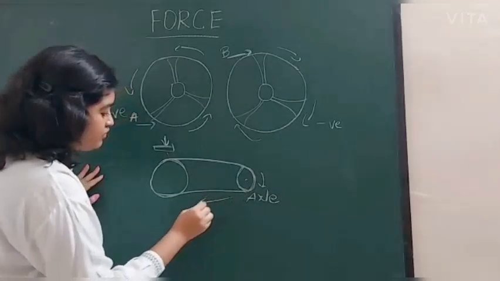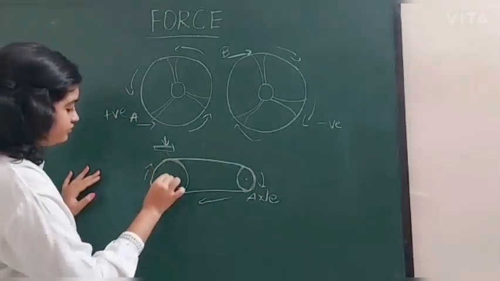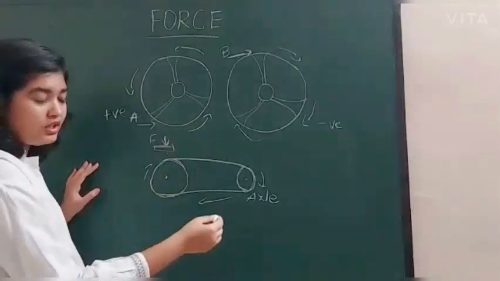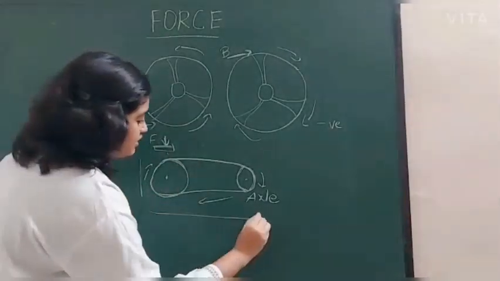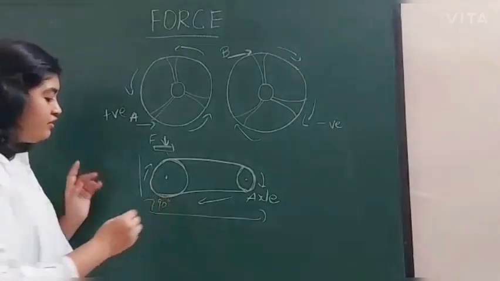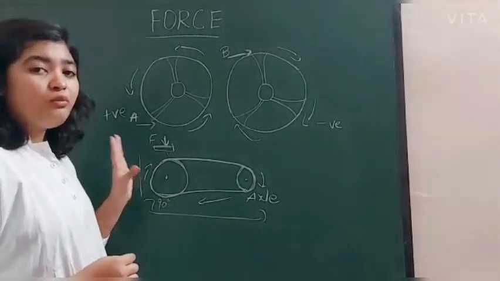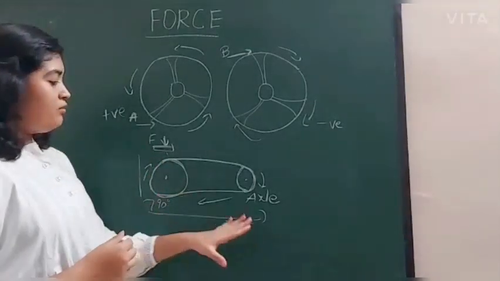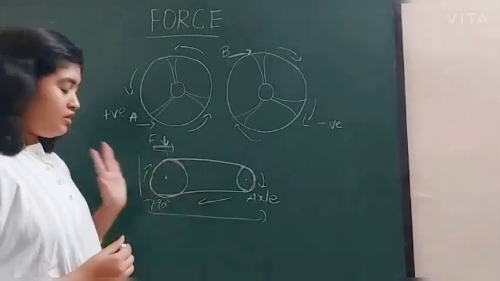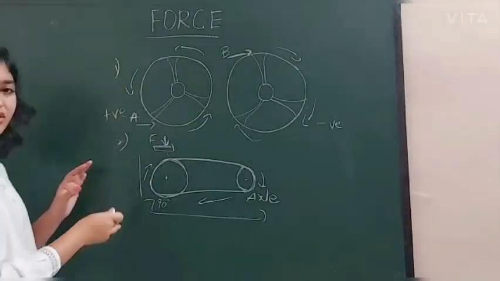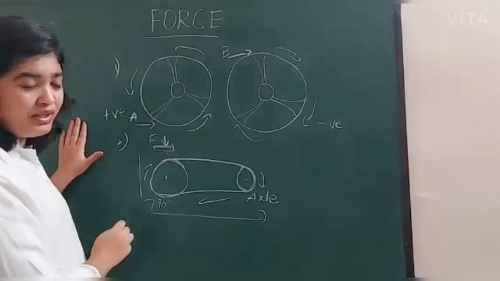You can see that the force applied and the axle are in a perpendicular direction, which is 90 degrees. As we have already mentioned before for the moment of force, the force applied and the body should be in a perpendicular direction, which is 90 degrees. So this is the second example, which is of a bicycle, and the first was a steering wheel.